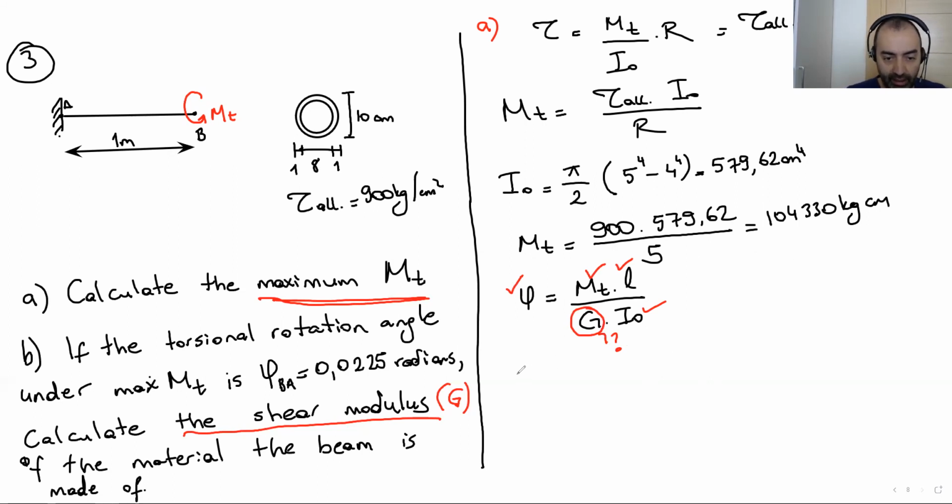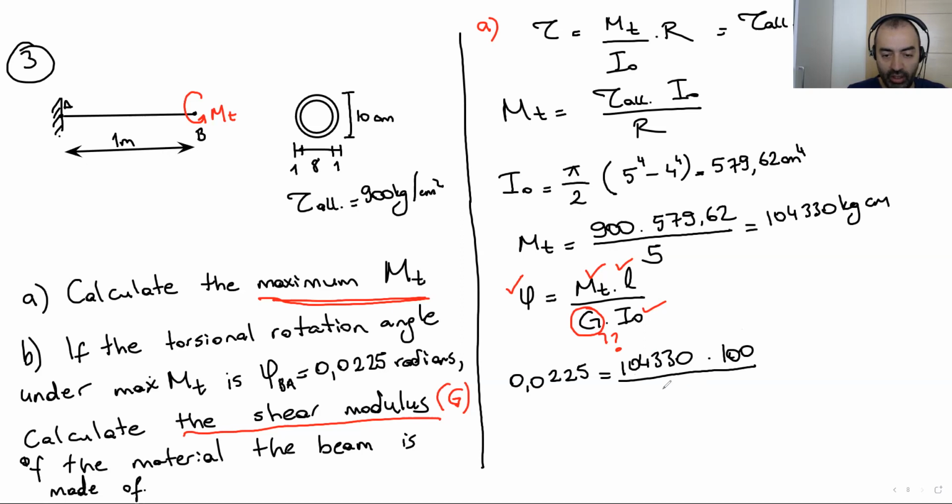What was the angle? Angle is 0.025. MT. This one. The length of the member, 1 meter, it's 100 centimeters over here.